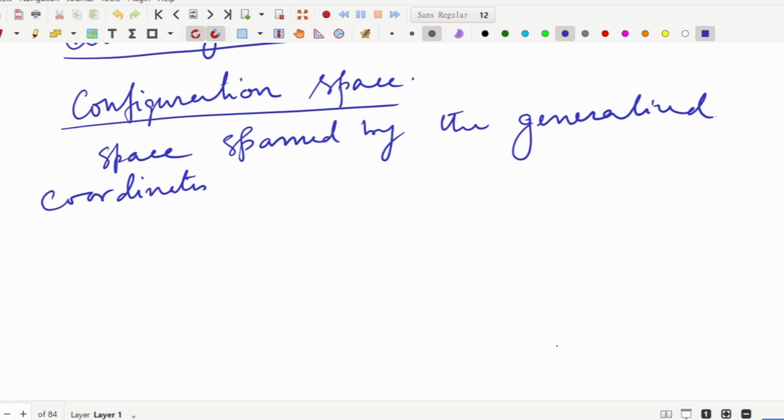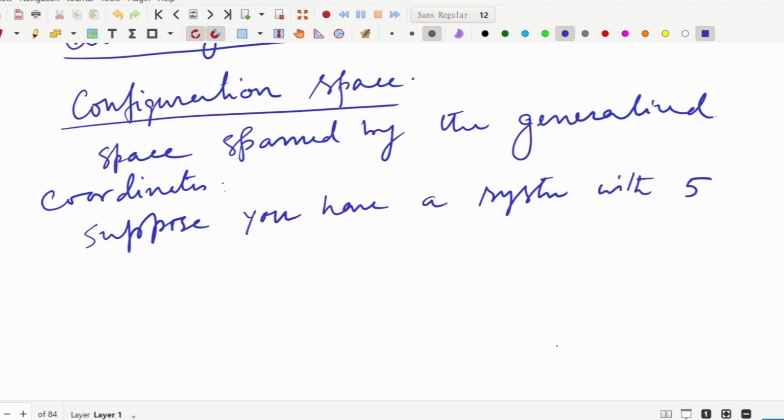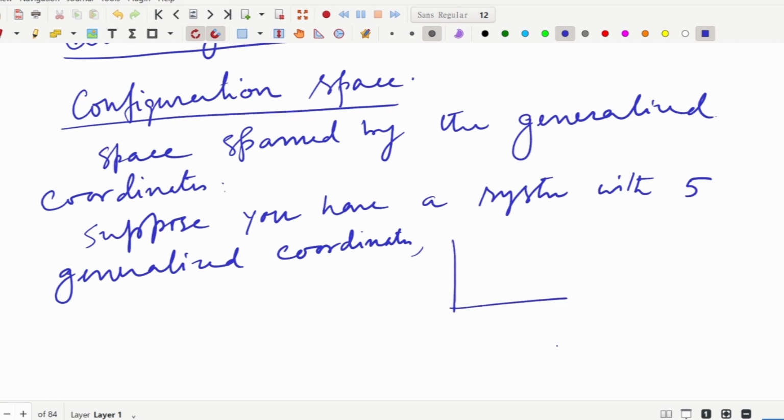Suppose you have a system with 5 generalized coordinates. These 5 generalized coordinates can be considered as mutually perpendicular directions, and if you can imagine such a space, that space is called the configuration space.